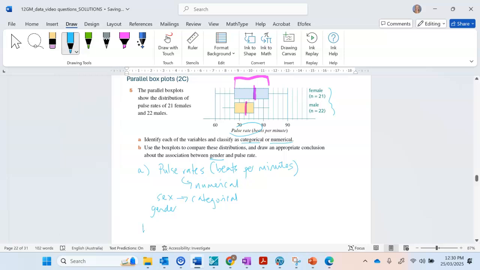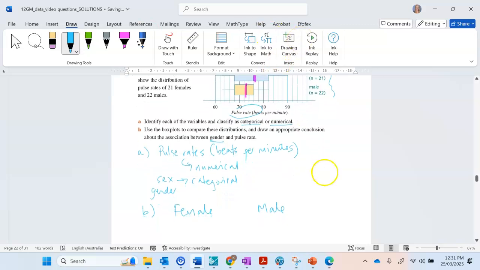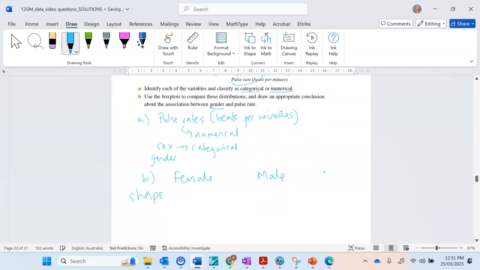Okay, let's go to B. Remember, for each one you're comparing, but I'm just going to write it down before we compare using sentences. When we're comparing, we do shape, then center and spread.